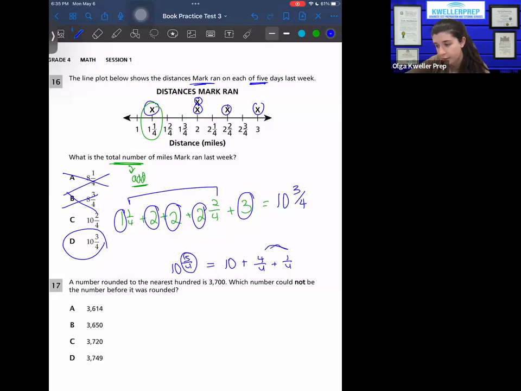I split that 5/4 into 4/4 and 1/4. And then 4 out of 4 is just 1, right? So 10 plus 1 plus 1/4. So this gets transferred into 11 1/4. So I just wanted to show you guys what we can do with a mixed number that is greater. We can then convert that to 11 1/4.